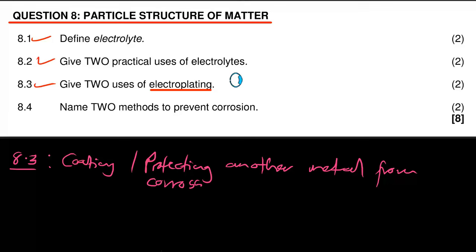That's when you find electroplating coming in. Remember, whenever you're coating a metal with another metal, what you're doing is protecting it from rust. Another use of electroplating sometimes is for beautifying purposes.